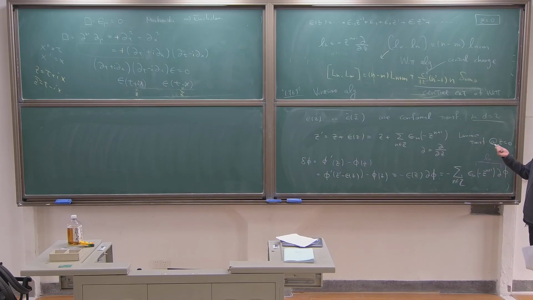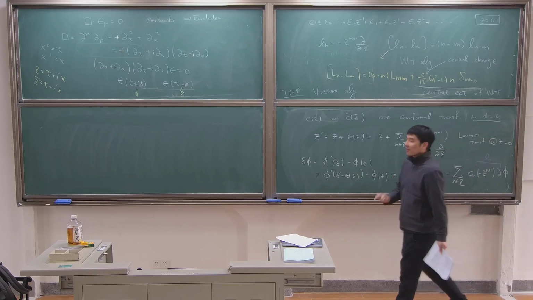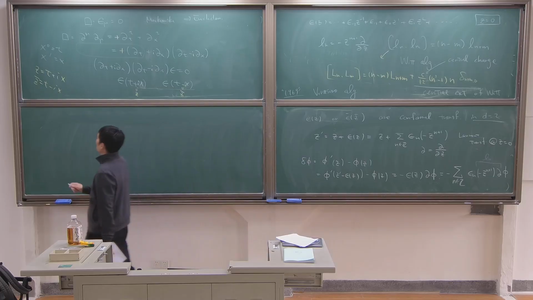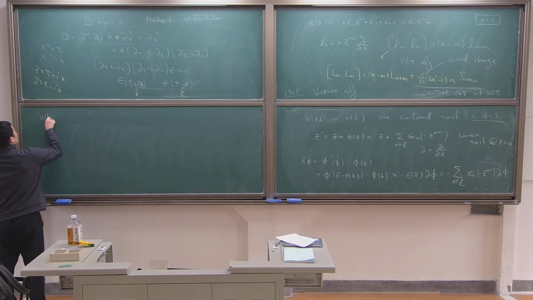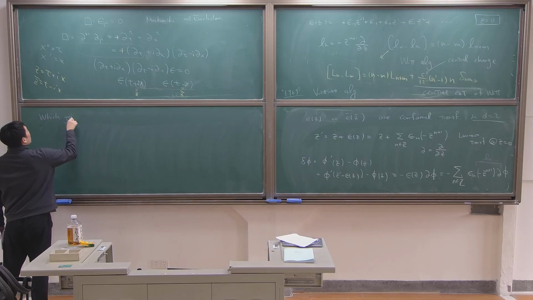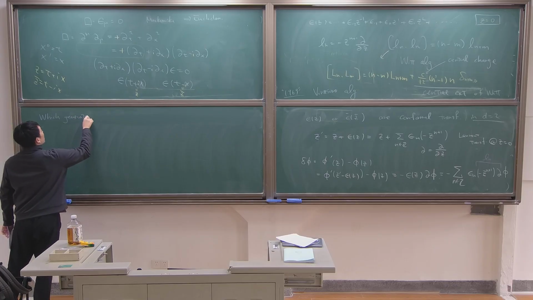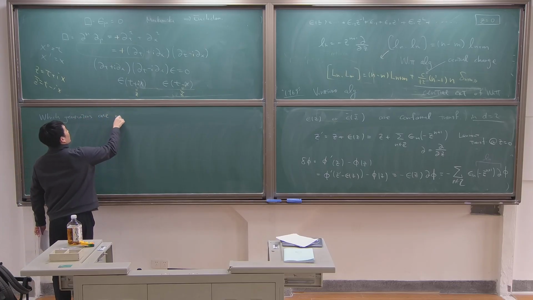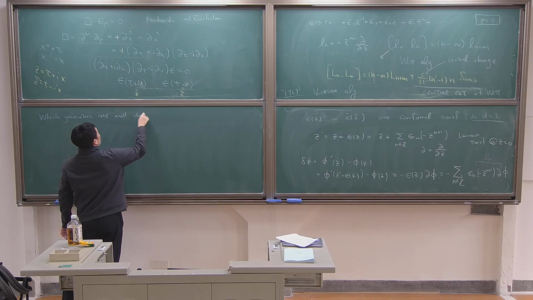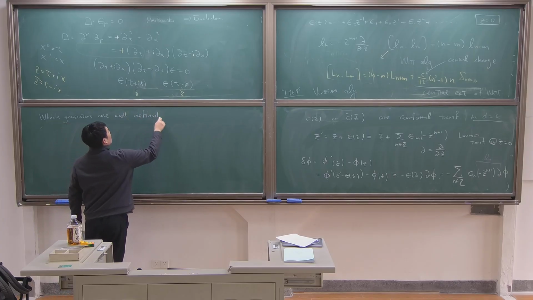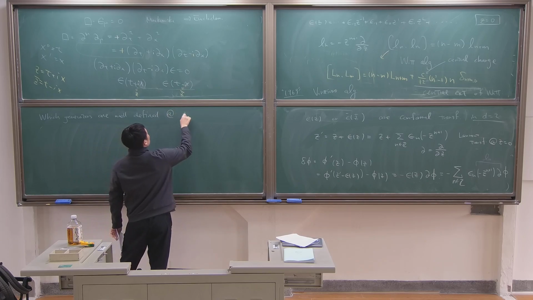So here, when I talk about this one, I don't care about what happens at z equals 0. Z equals 0 is singular. But let's care about which generators are well defined at z equal to 0.